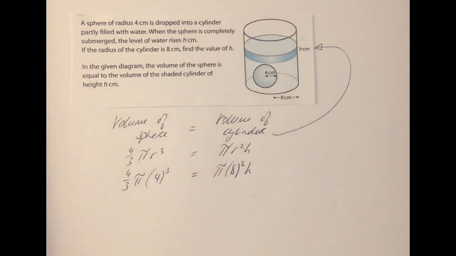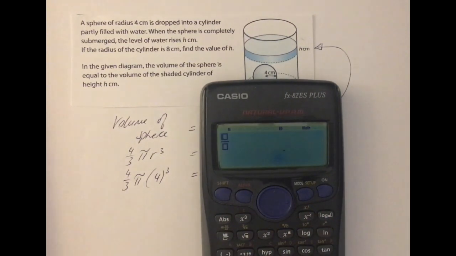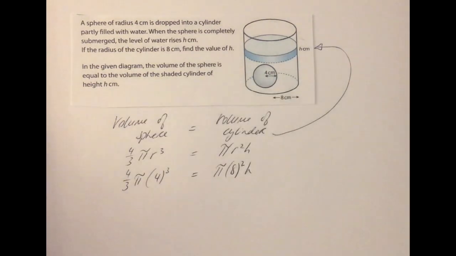Well, let's evaluate the left-hand side first, shall we? So on the calculator, let's put in 4/3 pi, and of course bracket 4 cubed, and we're getting a long decimal here, so I'm going to leave it in terms of pi. So I'm going to write it like this: 256/3 pi.